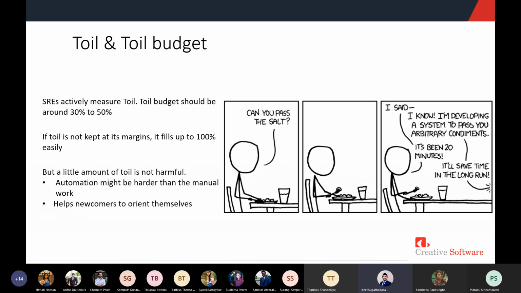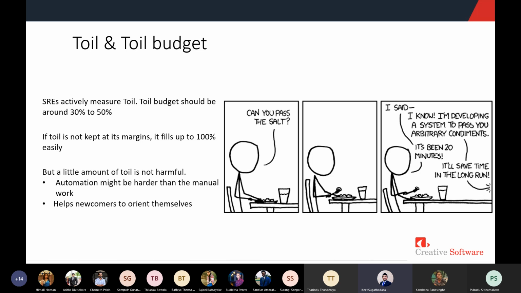So similarly, every SRE has a toil budget. This is not a huge concept, because by toil budget we mean that any SRE is allowed to do manual work up to like 50%. We expect it to be 30%, but sometimes during the day you might get some manual work where you have to go to logs and check logs and see what happened.